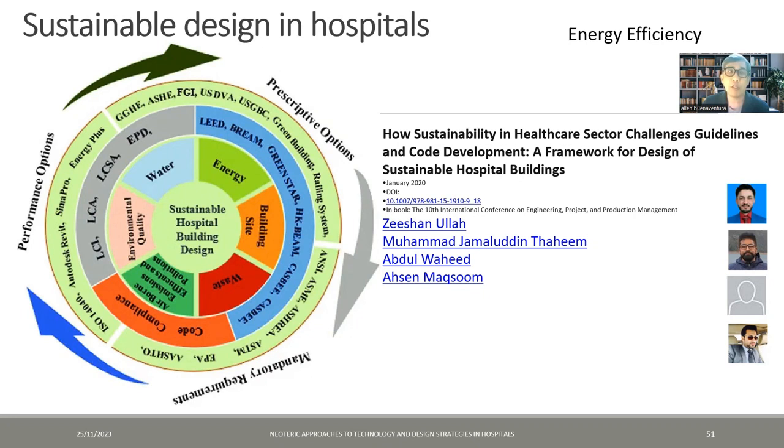So sustainable design can be based on 3 dimensions: the environmental, economic, and social. Some sustainable design features for hospitals include building orientation, daylighting, energy efficient windows, garden and green spaces, improved heating, ventilation, air conditioning system, native vegetation, rainwater harvesting, solar panels, sustainably sourced materials, and water efficient landscaping.